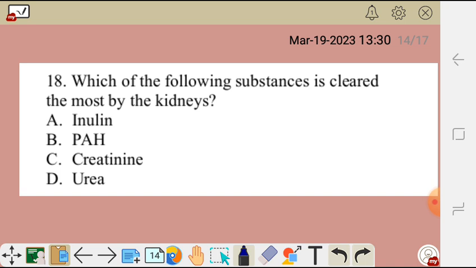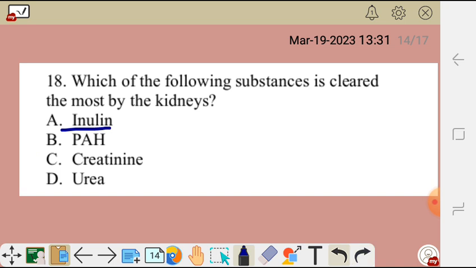Okay, it is filtered there at the glomerulus, and then the other percentage which remains is also secreted from the bloodstream into the tubules. Okay, so B is the correct answer.